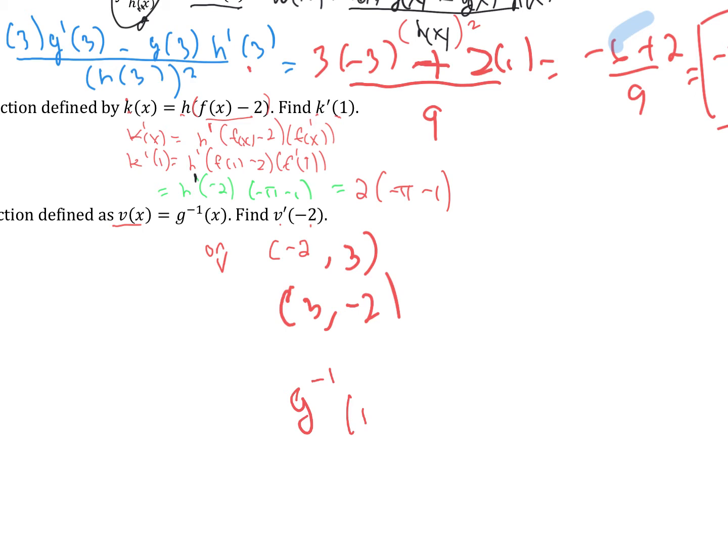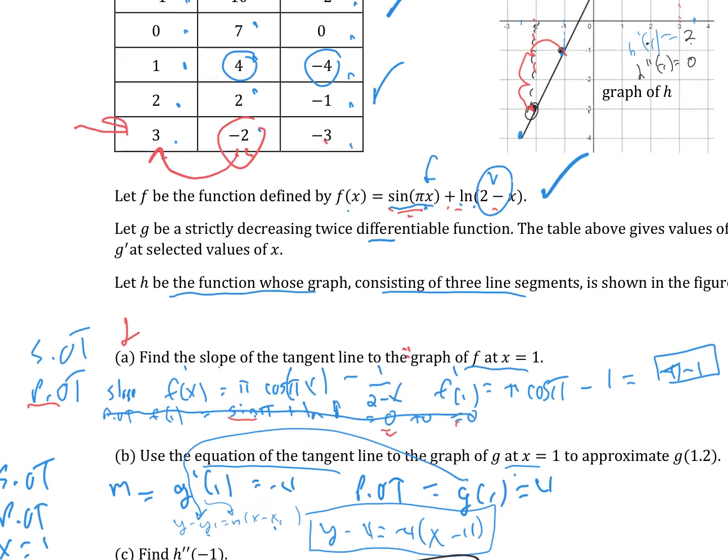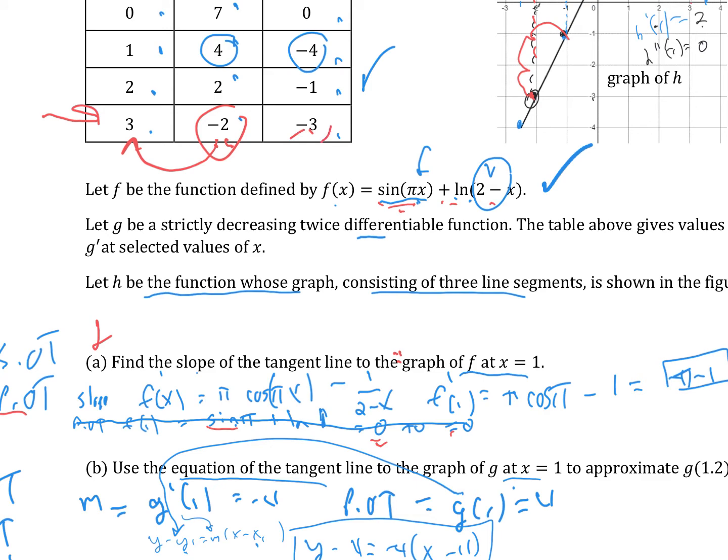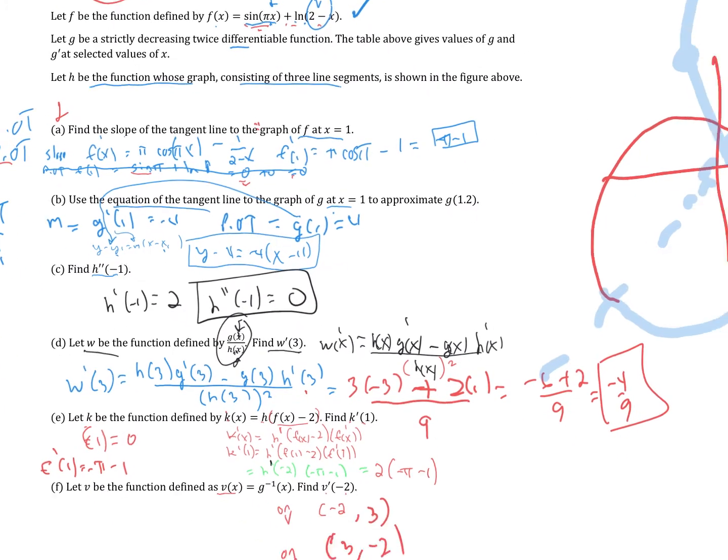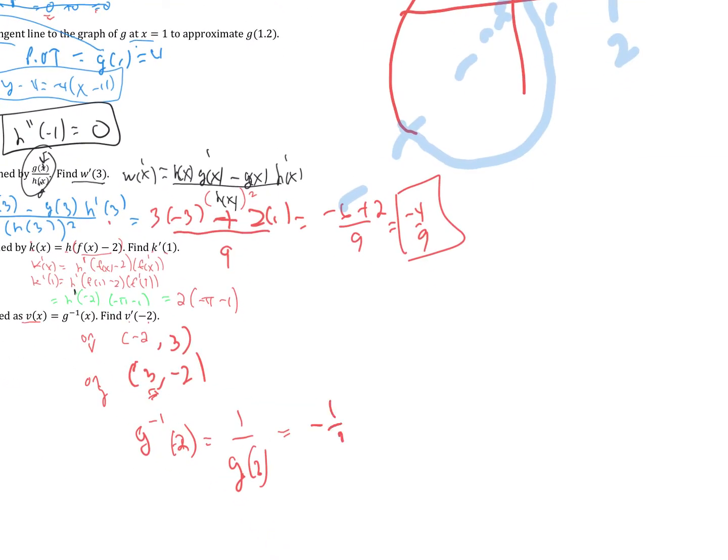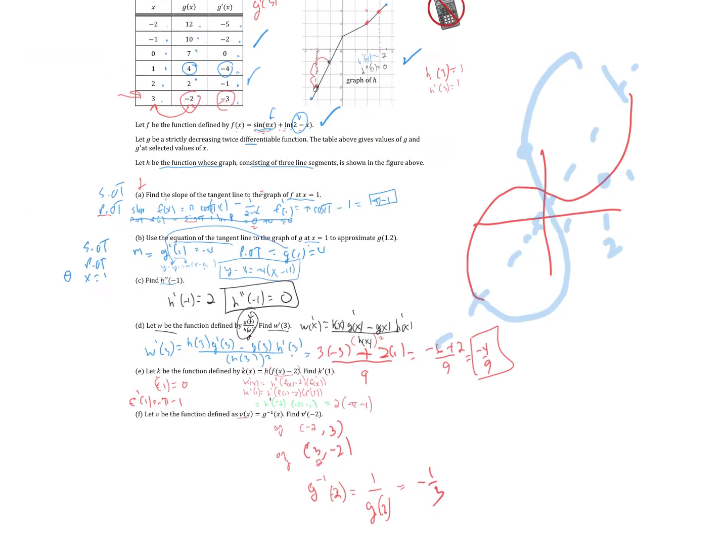So v prime is g inverse at negative 2, which is equal to 1 over g prime of 3, right here, because this was on g. So g inverse, study the derivative of g at 3, and I go back up. G at 3, the derivative is negative 3. So I have to flip that: negative 1/3.